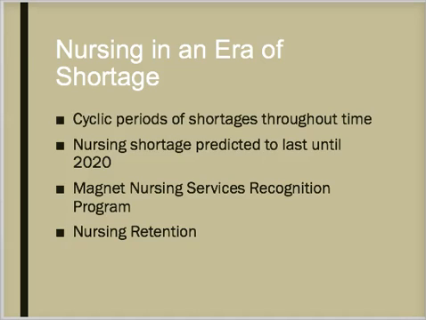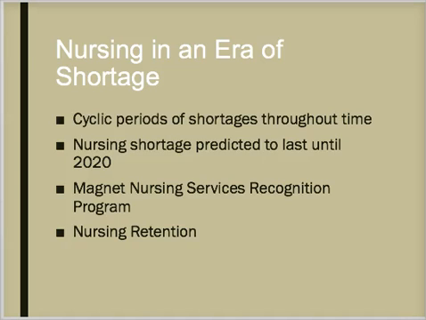The nursing shortage. The nursing shortage is cyclic. We'll have a nursing shortage, then it will get better, and then we'll have another nursing shortage, and that's been throughout time. There's a nursing shortage that's predicted to last until 2020.